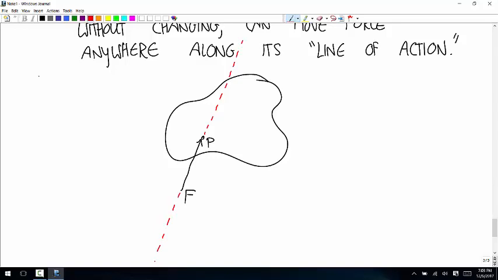So if the force vector isn't perpendicular to the line between P and A, just move P along that line of action until they are perpendicular.